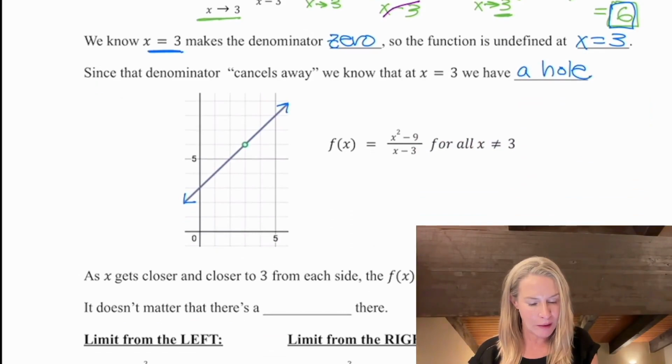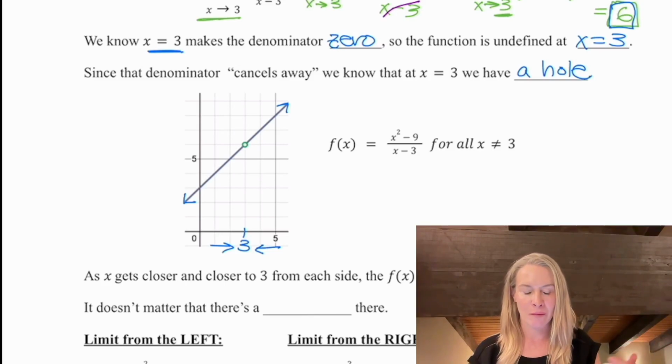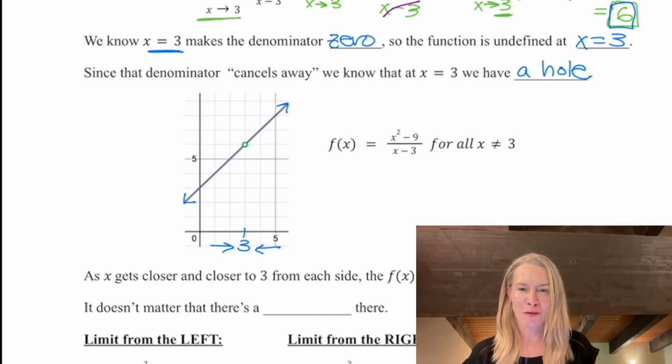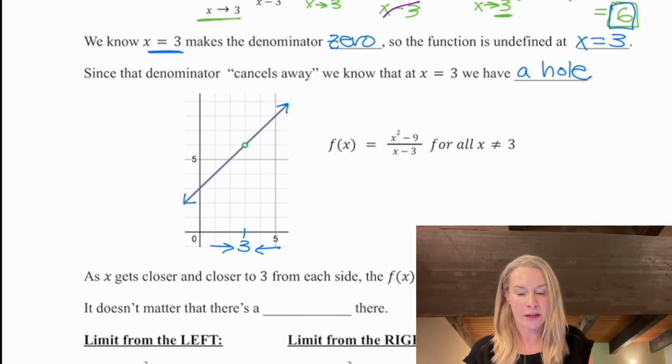So 3 on the graph is right here. And what we're looking for the limit is as x gets closer and closer to 3 from each side, where is the graph heading? Since our graph is undefined at x equals 3, we can't have a point there, which is why there's a hole right there. But the rest of the graph is a linear function.